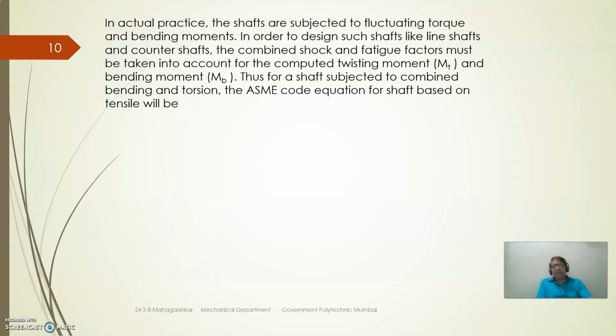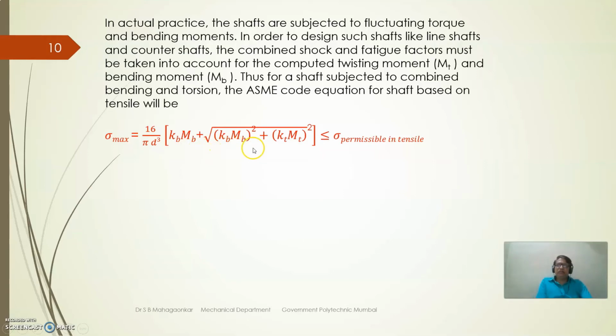So in the ASME code equation for the shaft, considering KB and KT values, you multiply KB into MB. Usually it is 1.5. The KB factor is 1.5 and the KT factor is 1, or for higher cases you can take 2.5, like that. Generally KB is larger than the KT factor.